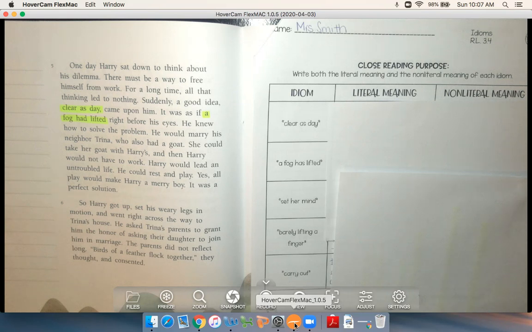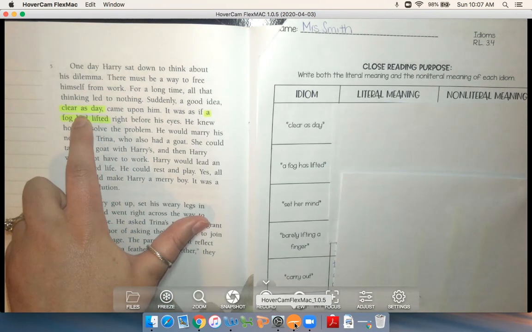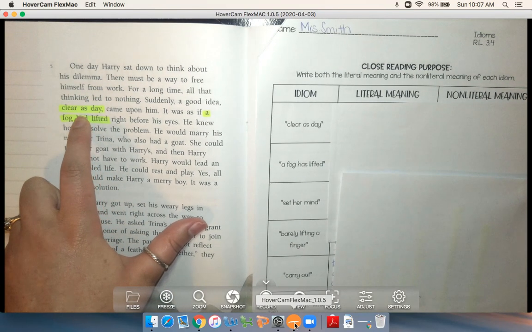So I'm going to stop there because my next idiom is in the next sentence. But in that sentence that I just read to you, suddenly a good idea, clear as day, came upon him. All of a sudden, Harry has this idea in his brain, right? He's got this great idea that maybe is going to solve his problems. Why did they say clear as day? What does that mean?